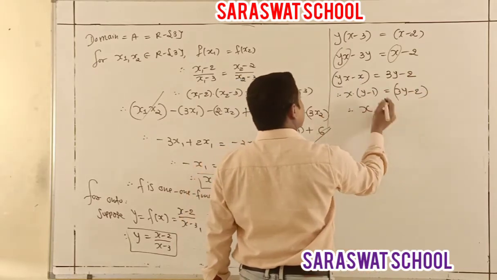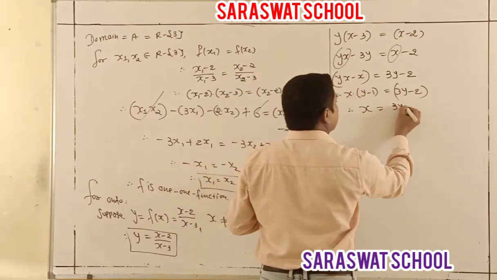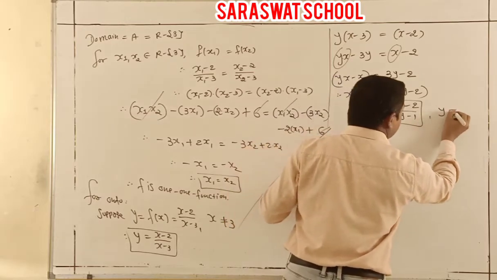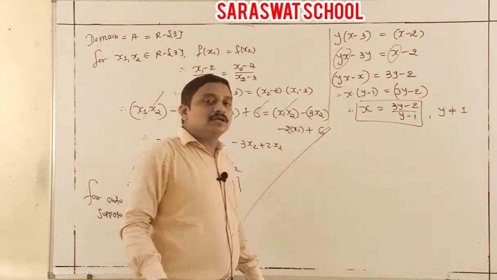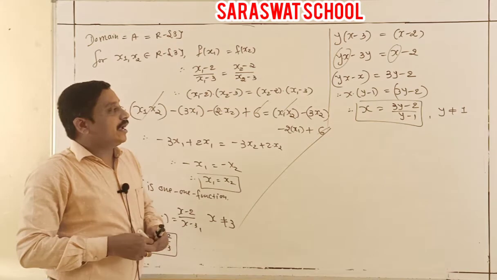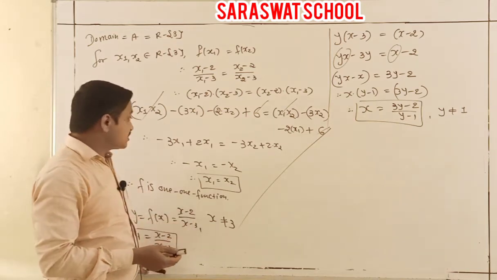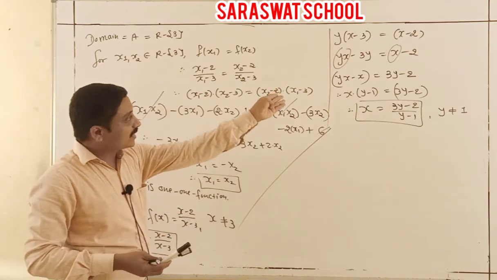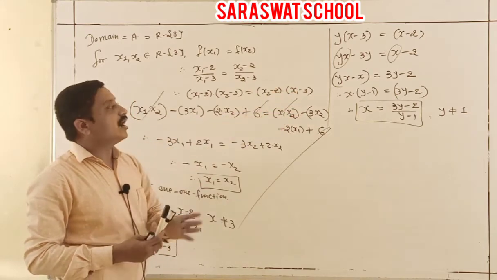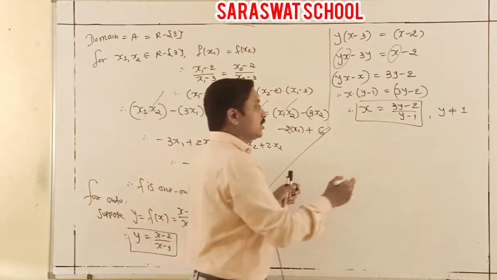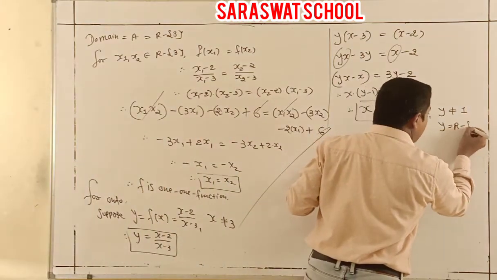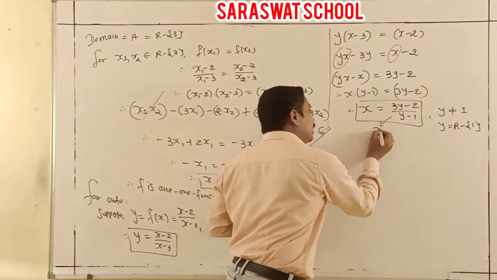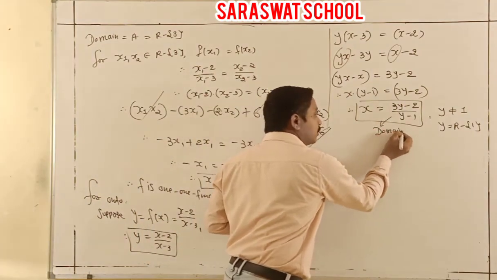So exactly your x value is 3y minus 2 by y minus 1. Here also y is not equal to 1, otherwise they are not valid. So here y belongs to R minus 1, and that is your domain for this particular question.